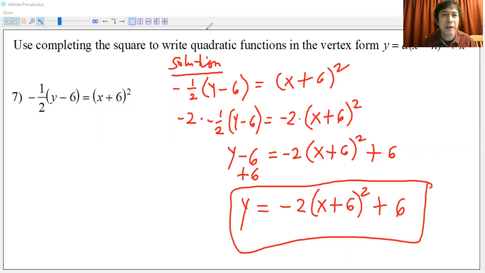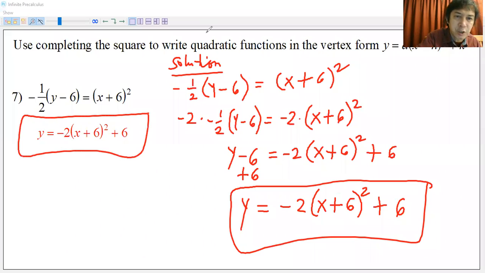Let's find out and see the answer below the given, as displayed by the computer's database. The answer is correct, and so we're done with number 7. It looks like we did not do any completing the square there, but we got the answer just the same. Let's continue with number 8.